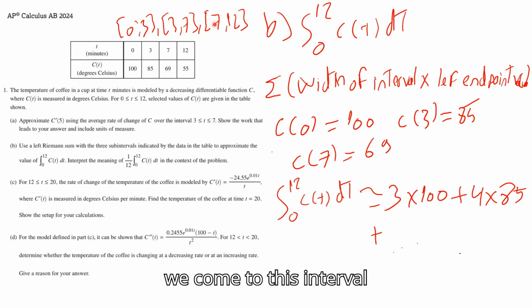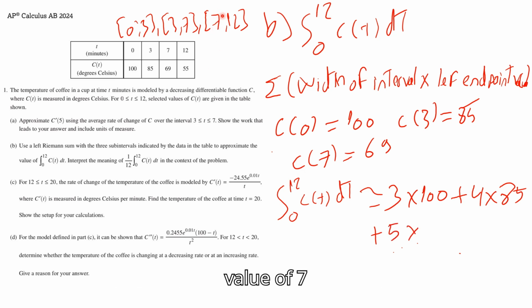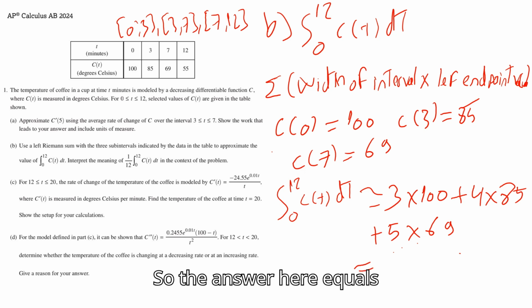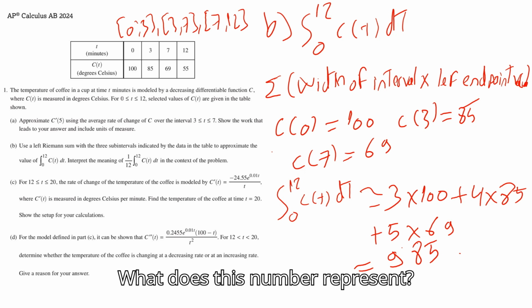We come to the third interval. The width from 7 to 12 is 5, times the value at 7, which is 69. So the answer equals 985. What does this number represent?